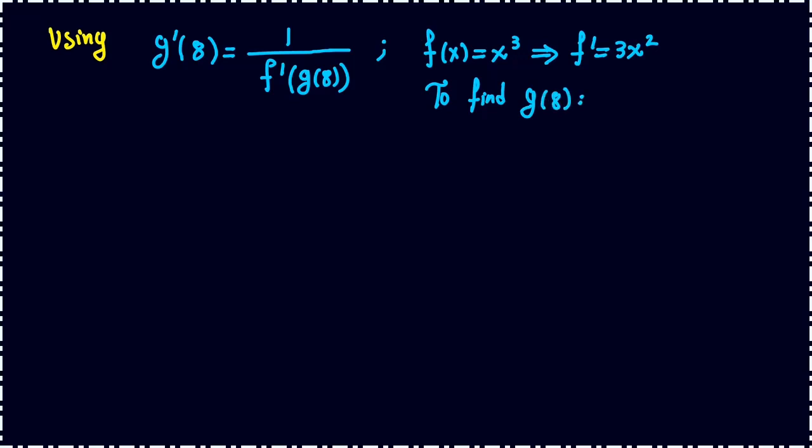But I don't know what g of 8 is, so I can call that, let's say, a. Since we know that g is the inverse of f, 8, that is the input of g, is going to now be the output of f.